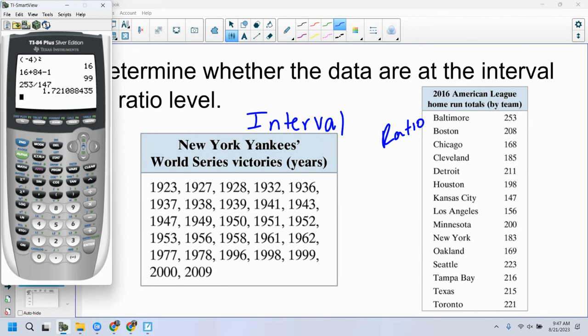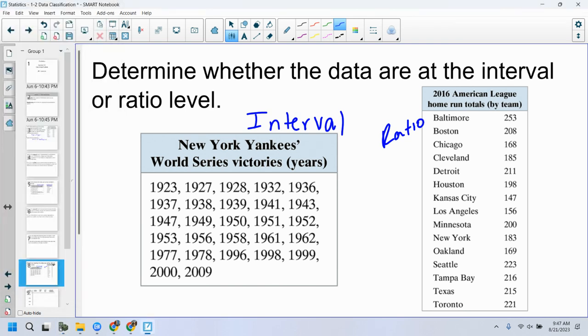In terms of Baltimore to Kansas City, it's a 171% or 172% increase. That actually tells us something. That is a meaningful statistic we can use. Whereas if I tried to do that with the years, it doesn't mean anything or give us any information.